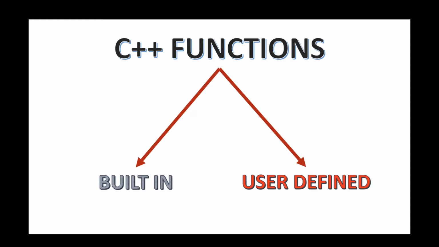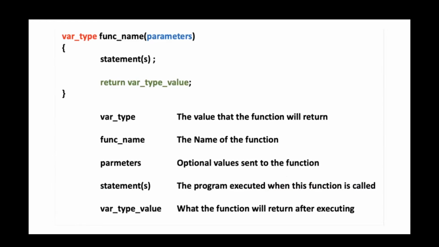So anyways, the general format of a function in C++ is you have the variable type. It could be int, bool for boolean, it could be string, it could be void. When you put void, you're automatically making it a procedure, not a function, but it's just a returnless function, right?